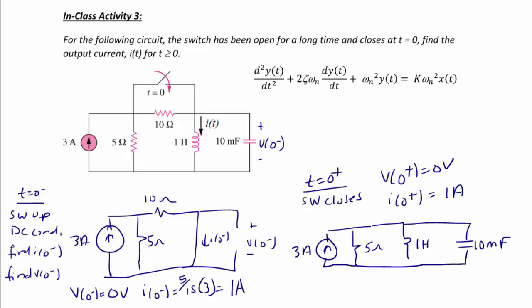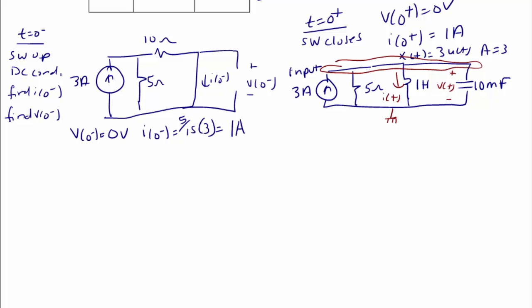Since it's a single node pair circuit and mostly parallel, I am going to use KCL to solve it. And my input is going to be the step function 3u of t because I have a 3 amp current source, so A is equal to 3. I have labeled the ground, the I of t and the V of t on this circuit, and I am now ready to write the KCL equation.